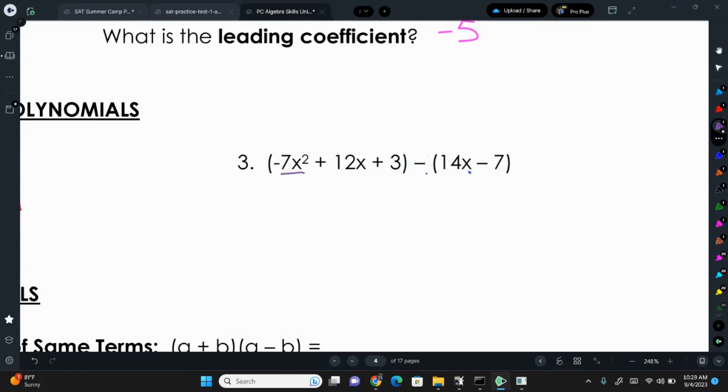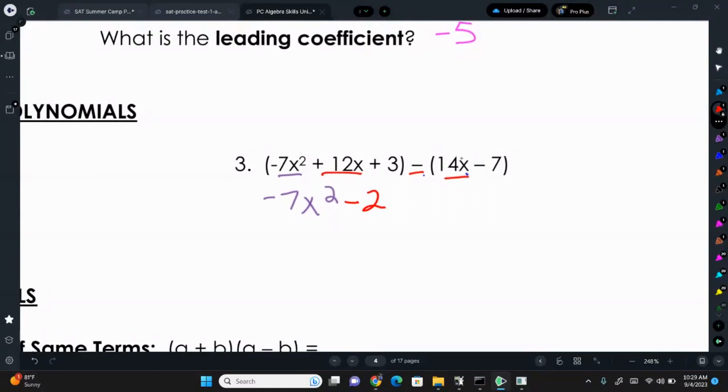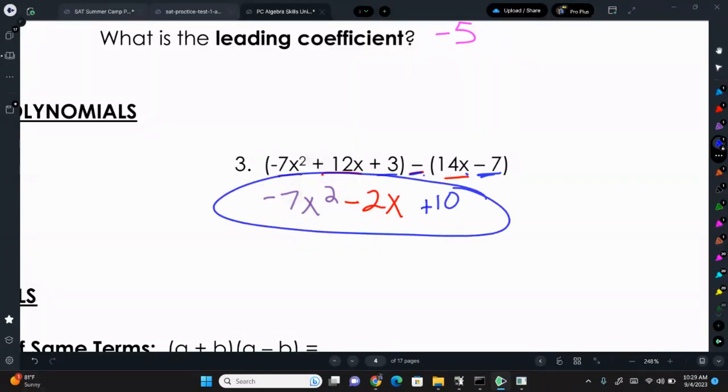So we have 7x squared minus, well, we have no x squared, so it's going to be -7x squared. Then we have 12x minus 14x. That's going to give us -2x. And then we have 3 minus -7. Well, 3 minus -7 is going to be 3 plus 7, and that gives us 10. So that would be our simplified polynomial.